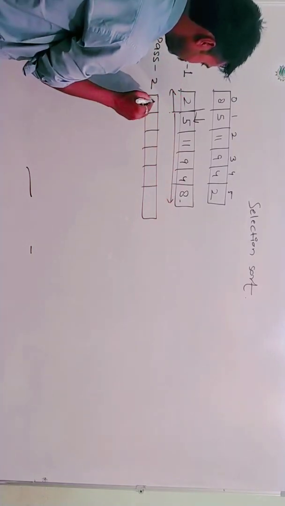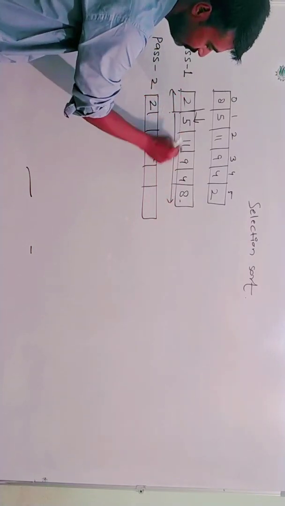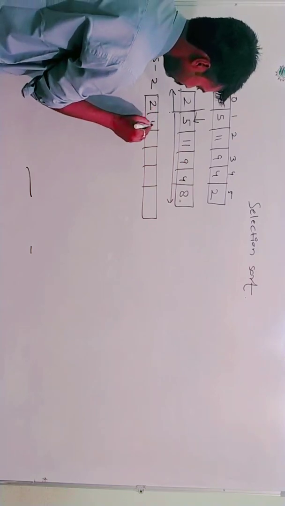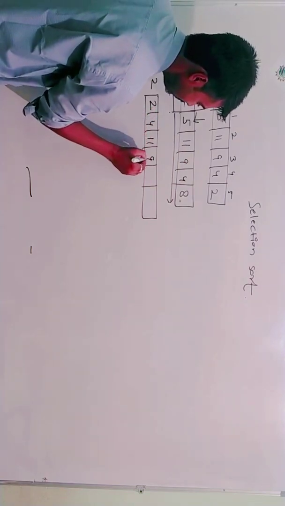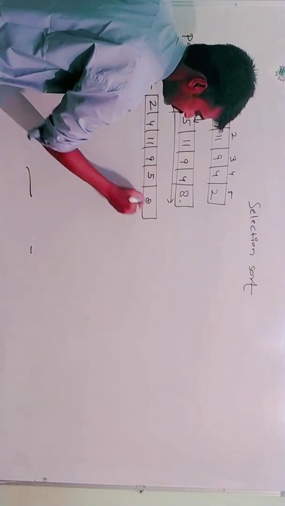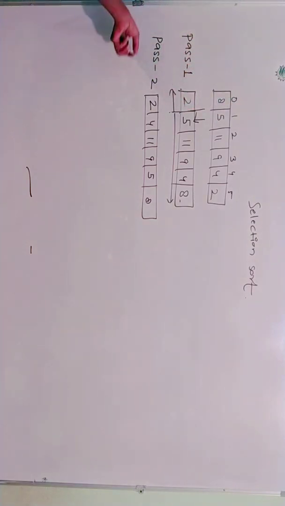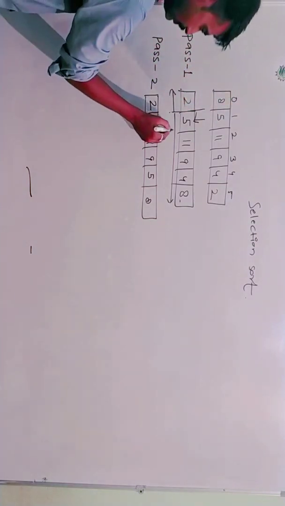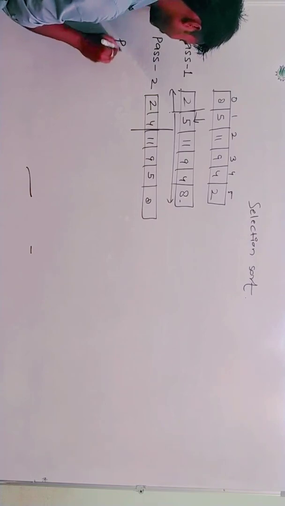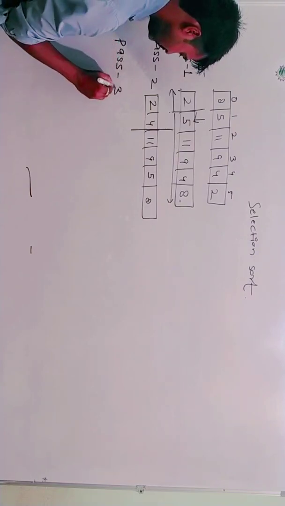Now what will we find? Minimum element is 4. 4, 11, 9, 5, 8. This is our pass 2. Now pass 3.